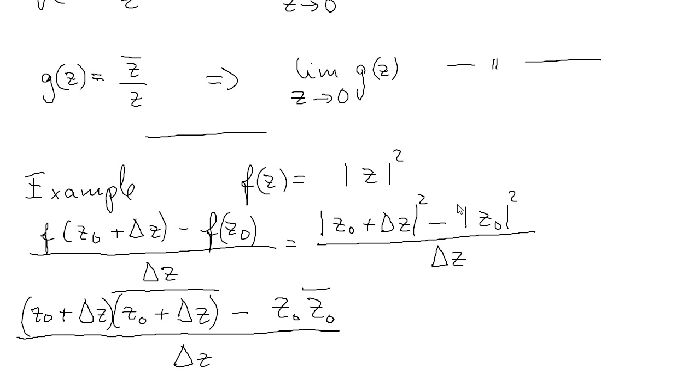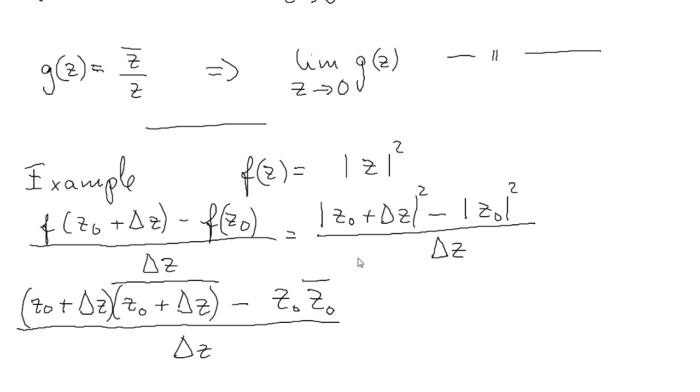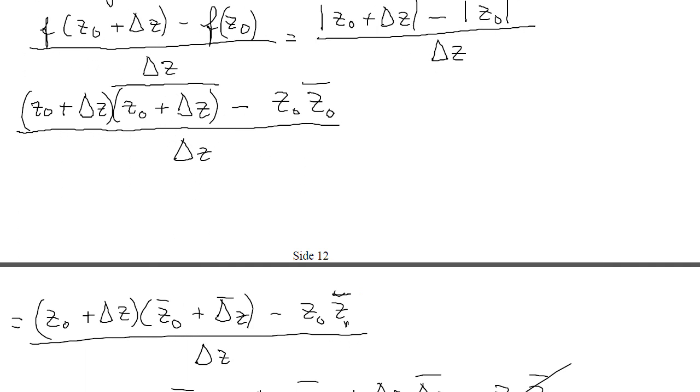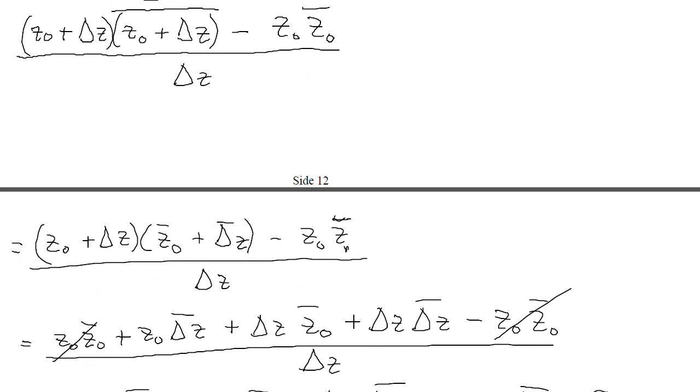The same for the absolute value of z0 squared. And this is to utilize this property of this function, which will be used in order to show that the limit does not exist for the derivative. So we recall that the conjugate of a sum is equal to the sum of the conjugates, and this we have utilized here.